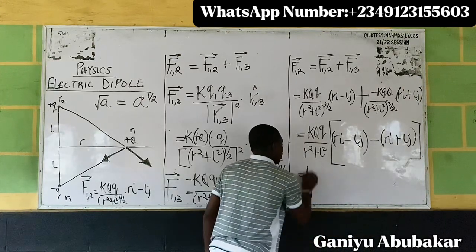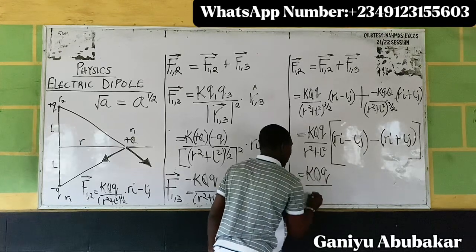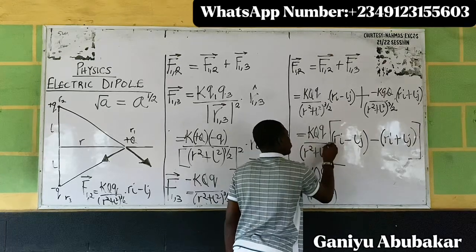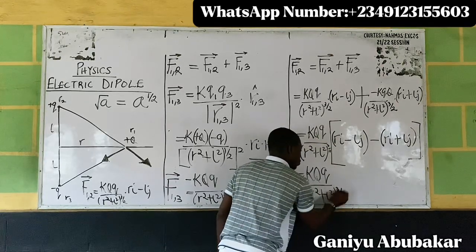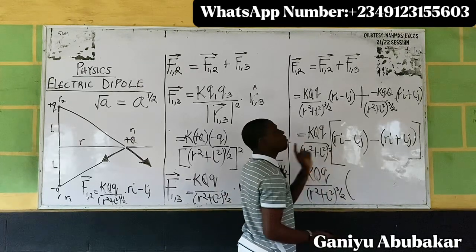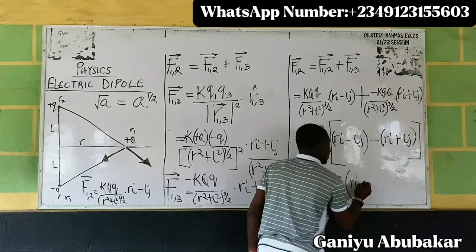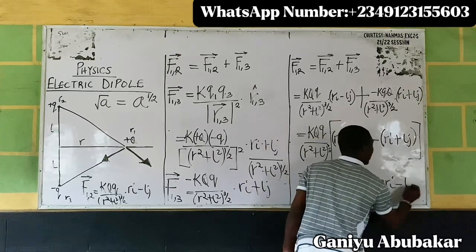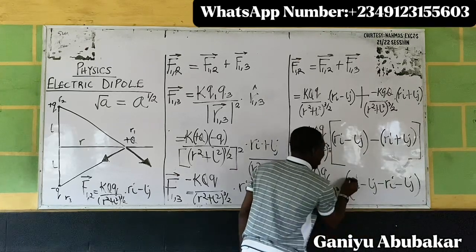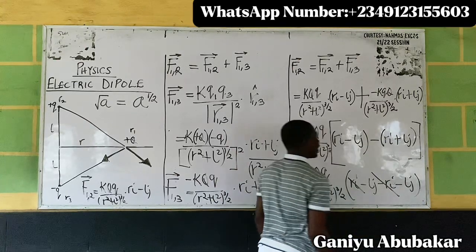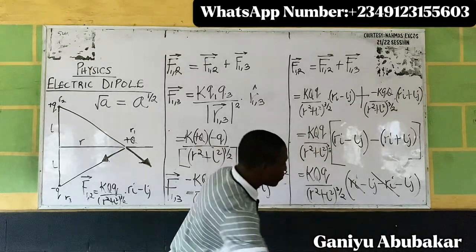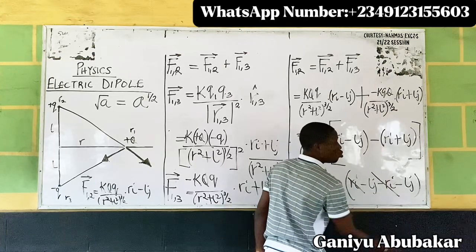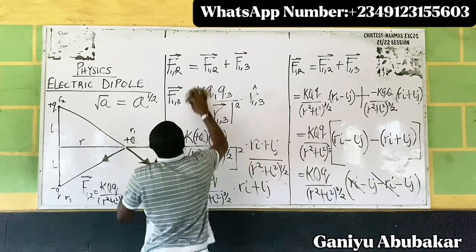Proceeding from here, kqq over r squared plus l squared all to power 3 over 2 into, remove the bracket, ri minus lj minus ri minus plus minus lj. What do you observe? Ri will cancel minus ri, it's off. So I'll be left with minus Lj minus Lj, that becomes minus 2Lj.